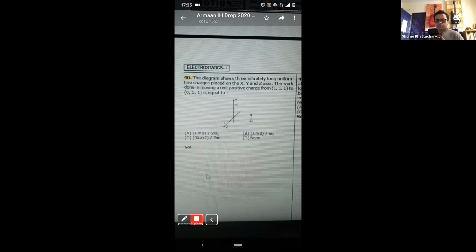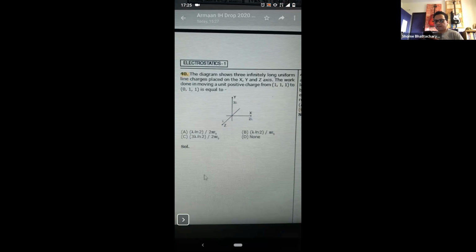Okay, so let's see this question now. 40th one. It says the diagram shows 3 infinitely long uniform line charges placed on the x, y, and z axis. The work done in moving a unit positive charge from (1, 1, 1) to (0, 1, 1) is equal to how much?